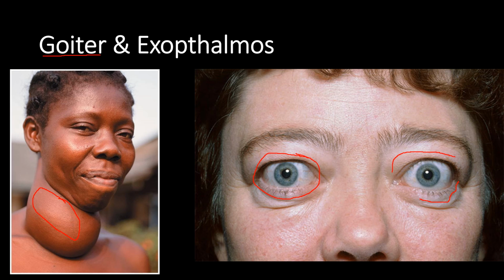This is typically done non-surgically when the patient takes radioactive iodine, which is selectively taken up by the follicle cells, and then the radiation actually produced as the iodine decays kills those follicle cells.